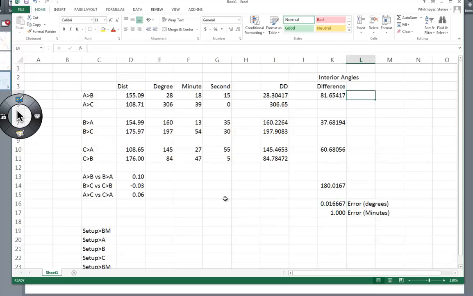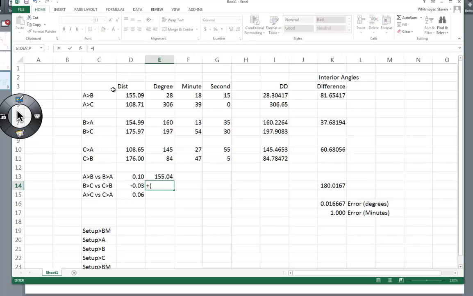So if I add up all my distances, A to B plus B to A divided by 2. This is my average distance.